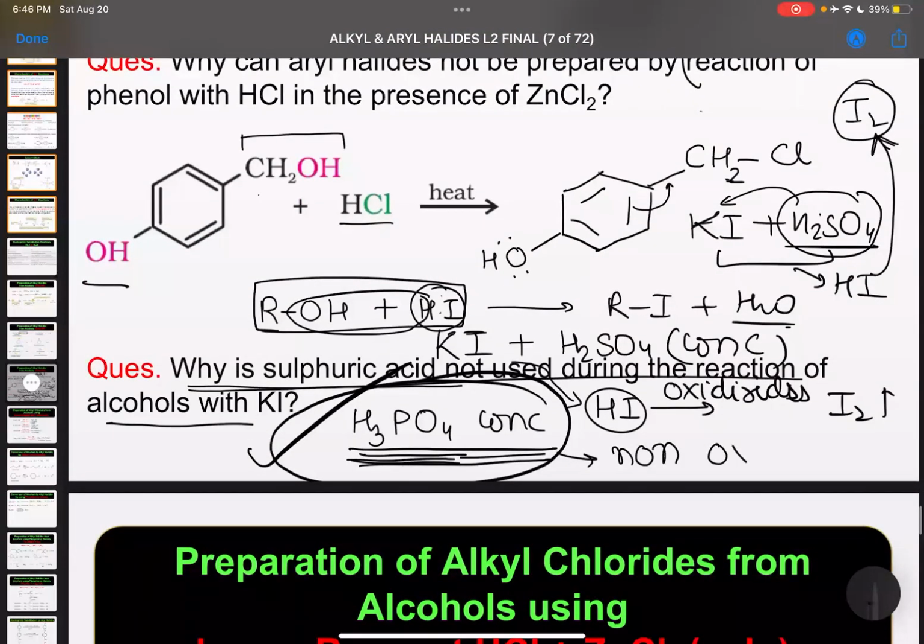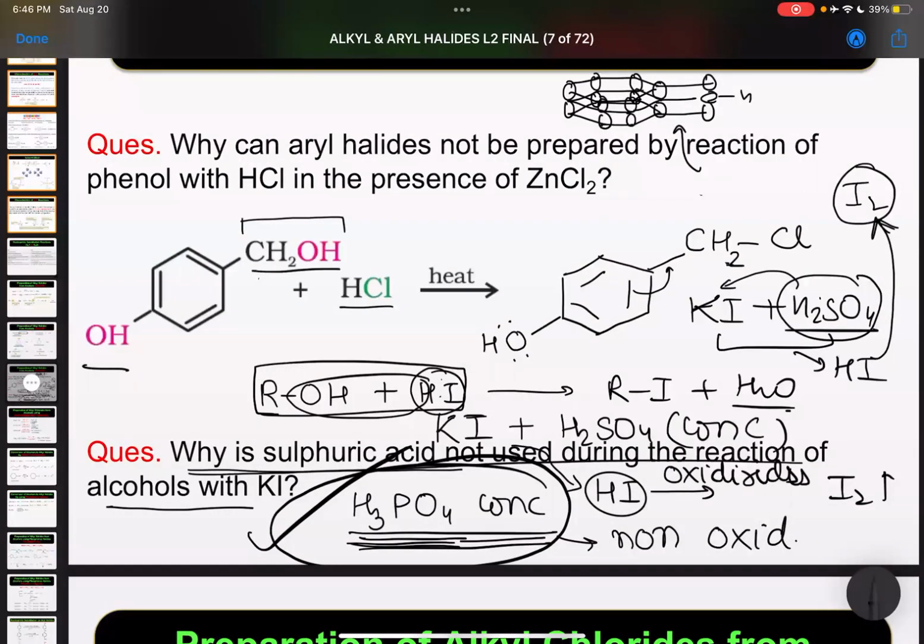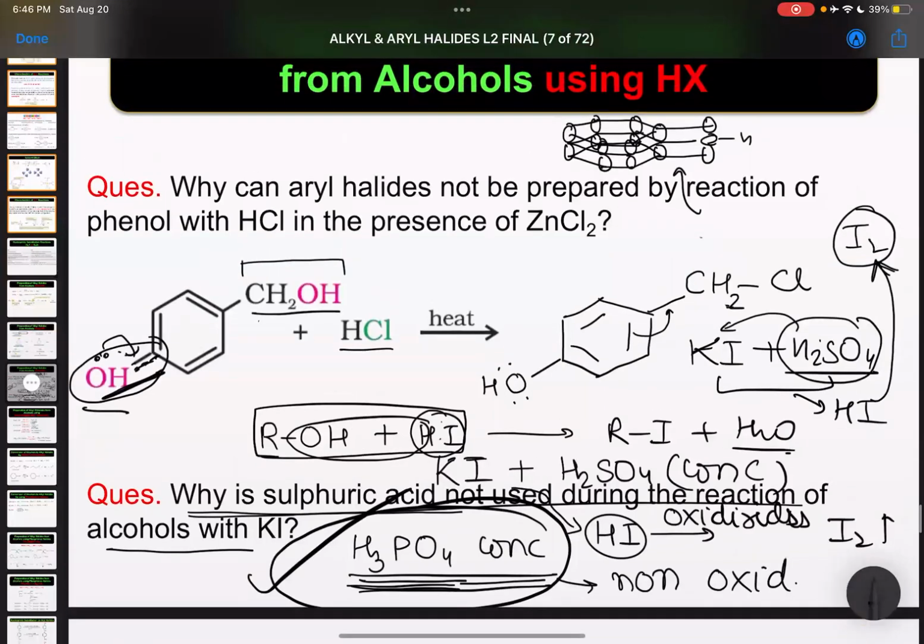So can you explain the previous question? Yeah, in the previous question, this OH will not come out because it has a partial double bond character. It will come again, don't worry. So whatever reactions we are discussing, the conversion of OH to RI, are only for aliphatic alcohols.